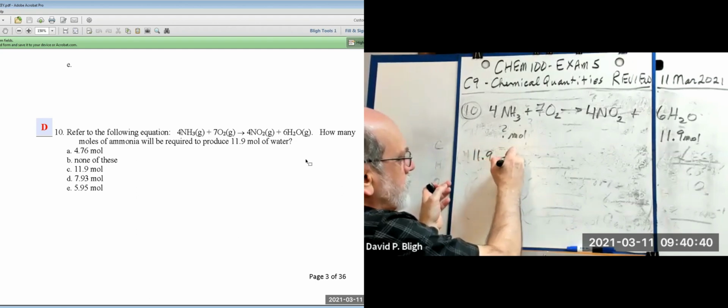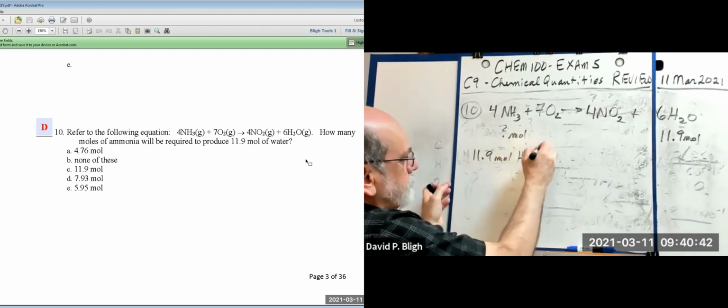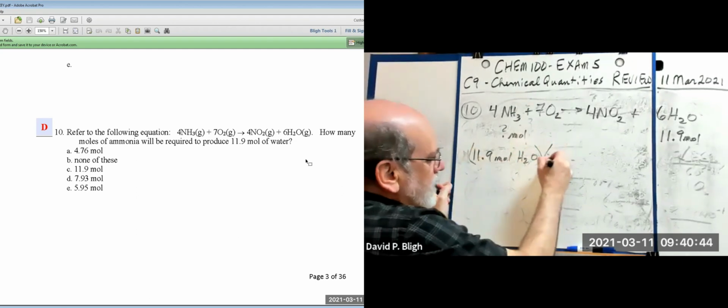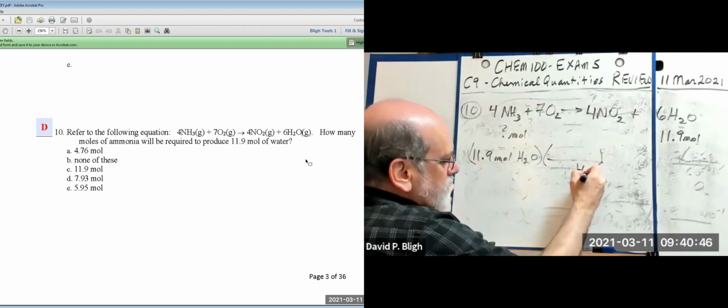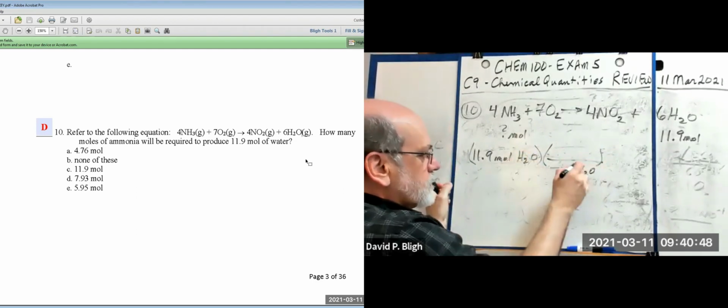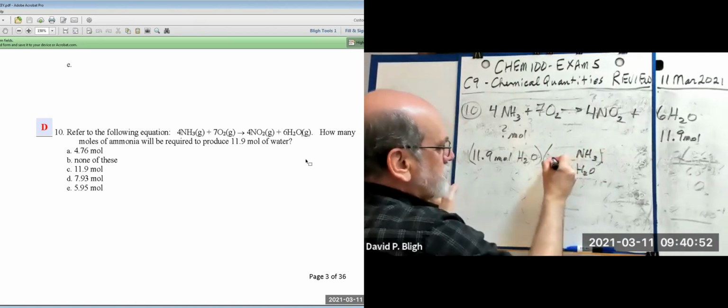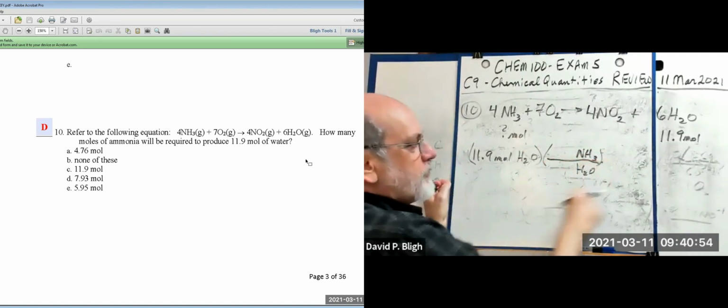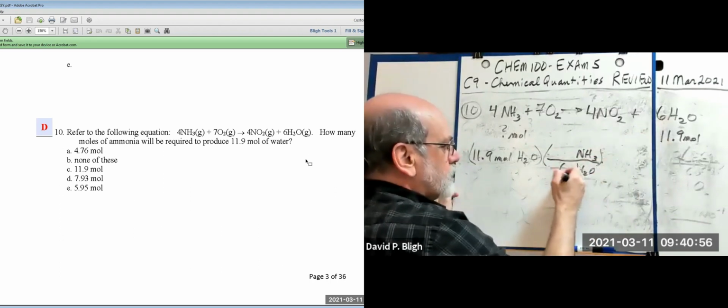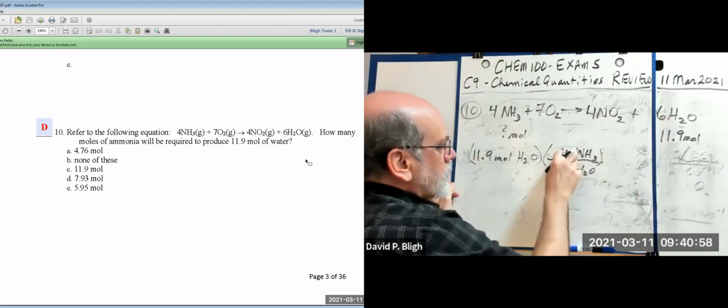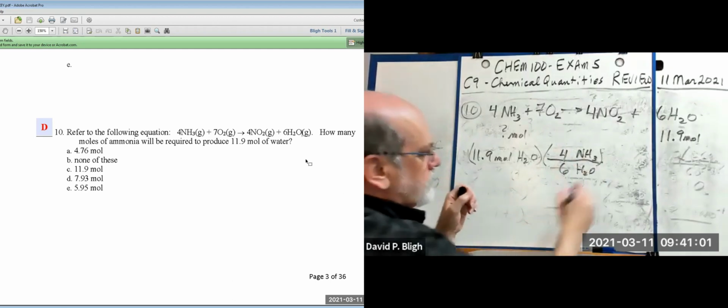11.9 moles of water. The conversion factor has to cancel water and leave us with ammonia. Right. Coefficients: 6 water, 4 ammonia.